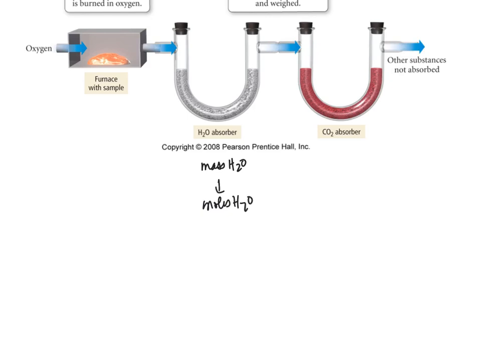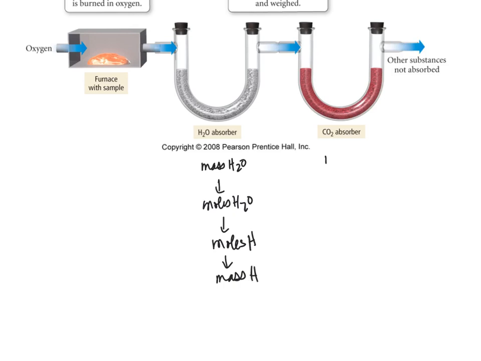So mass of water you get from the experiment. If you know it, you can go to moles of water. Then you can go to moles of hydrogen, okay? And from that, it's 2 times as many moles of hydrogen as there are water. Then you can use the molar mass for hydrogen to get to the mass of hydrogen.